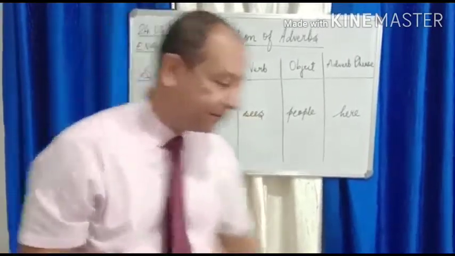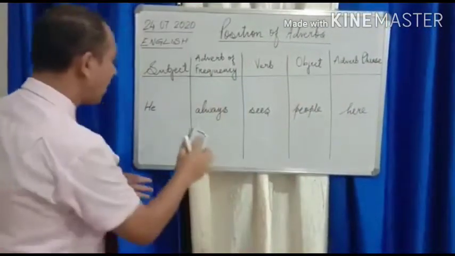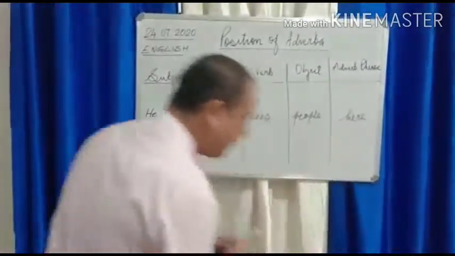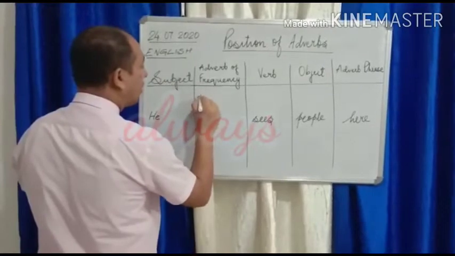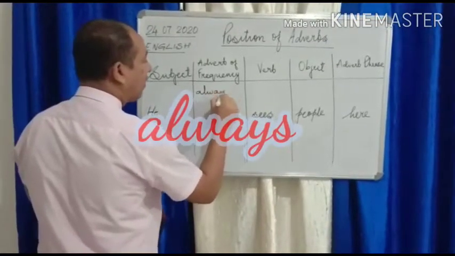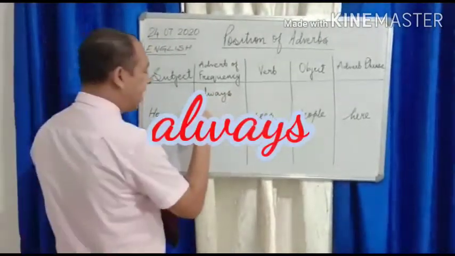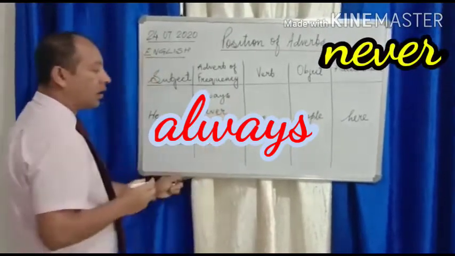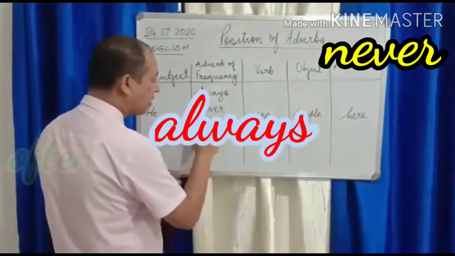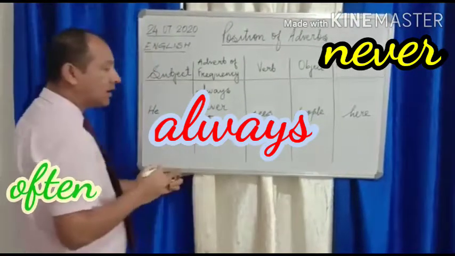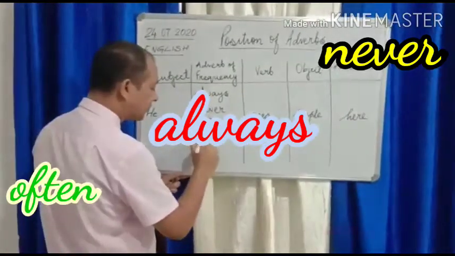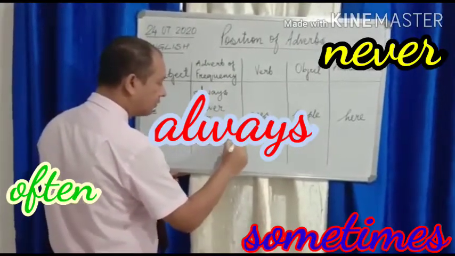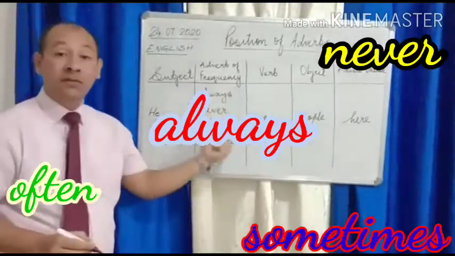So words like always, never, often, sometimes, these are all adverbs of frequency.